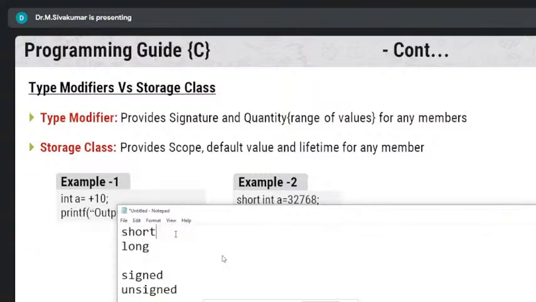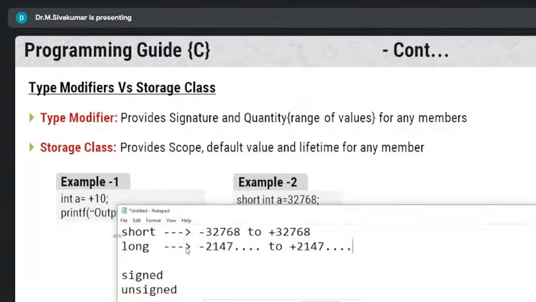If I have short, it deals with values from minus 32768 to plus 32768. Within this range, I can provide input for any integer. In case I am dealing with long, it will be a 10 digit number, like minus 2147 up to plus 2147, likewise.